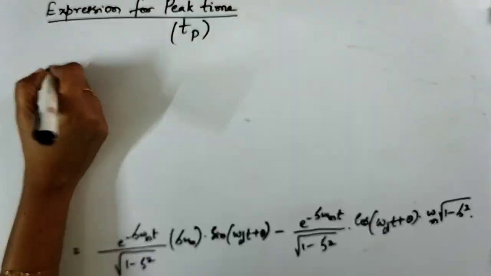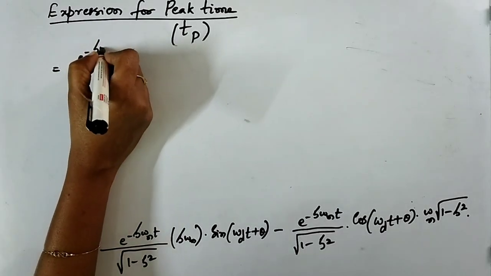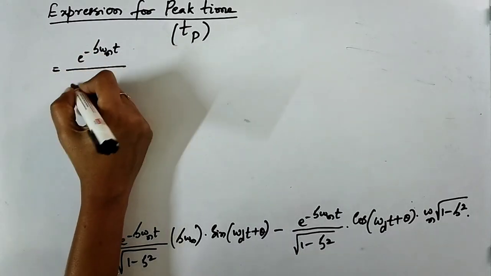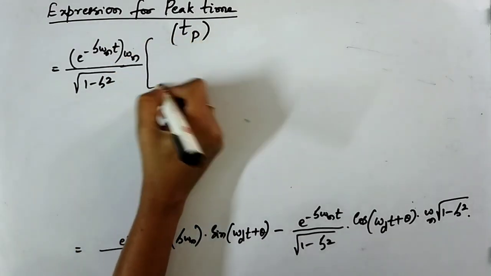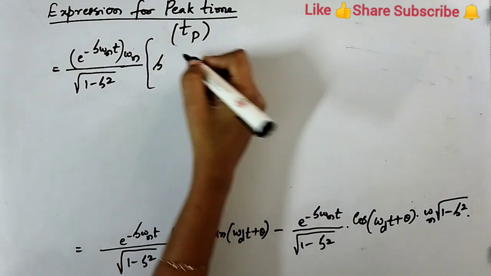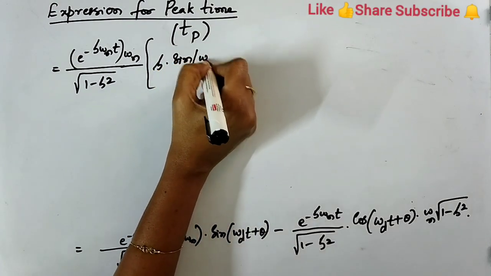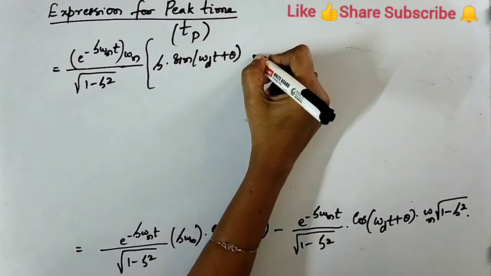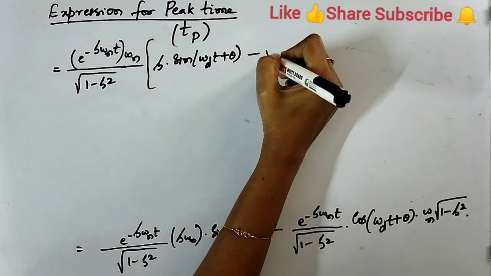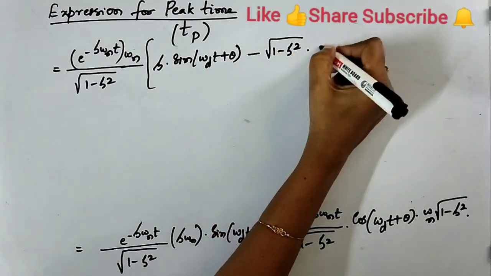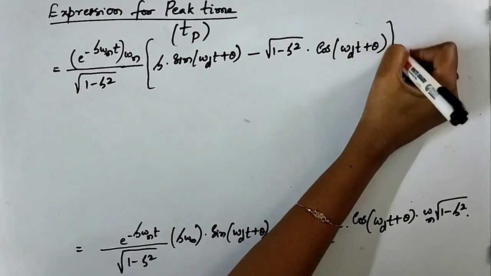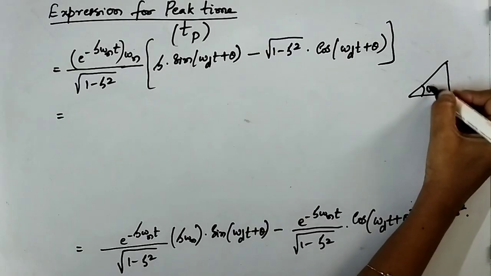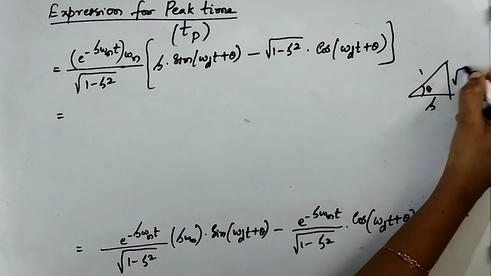Now taking out e power minus zeta omega n t by root over 1 minus zeta square and omega n as common, we are left with zeta into sine of omega d t plus theta minus root over 1 minus zeta square into cos of omega d t plus theta. Here, if this is theta, one side is zeta and the other is root over 1 minus zeta square.